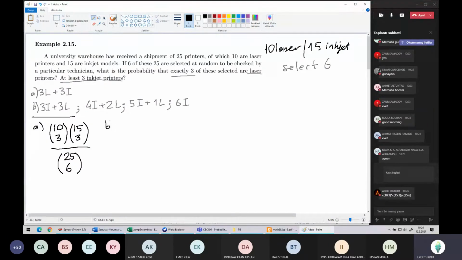And part B of the question, yes, it includes 1, 2, 3, 4 different combinations. Let's start with 3 inkjet.